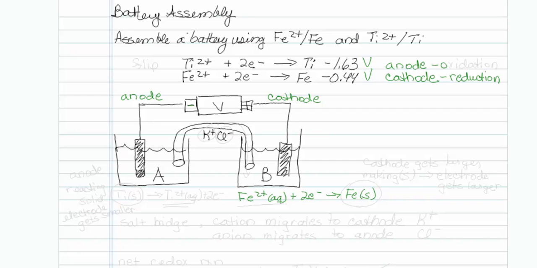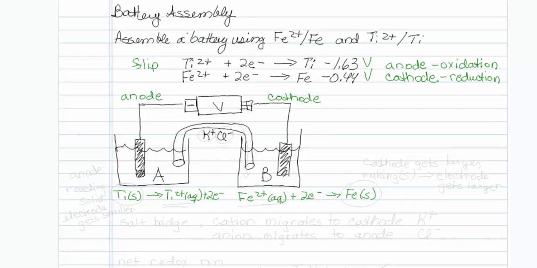My anode is oxidation, so this reaction I have to flip. So this is titanium solid going to Ti2+ aqueous plus 2 electrons. I am going to flip this one before I put it in the anode in order to make it an oxidation.